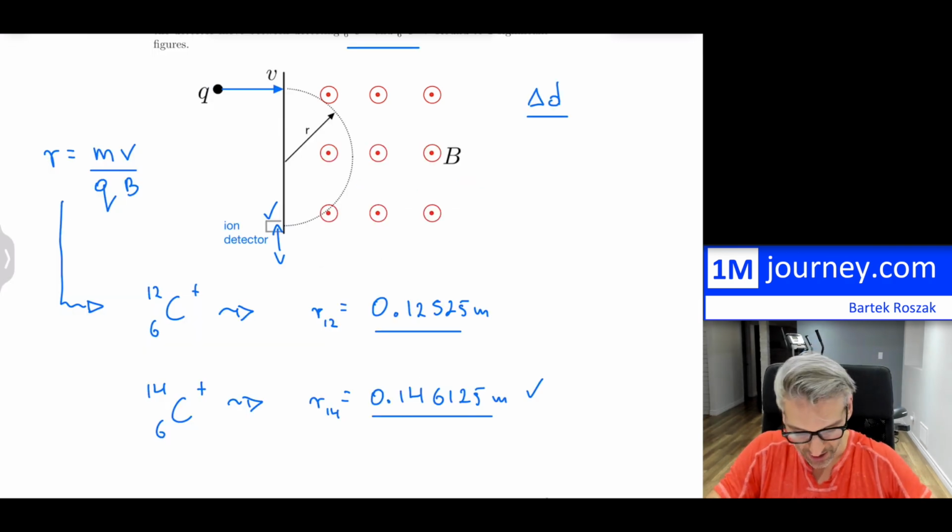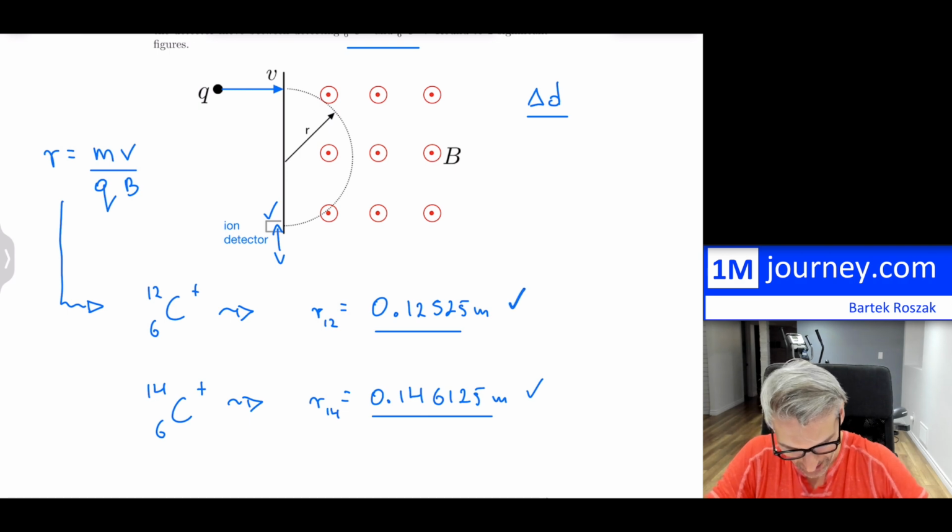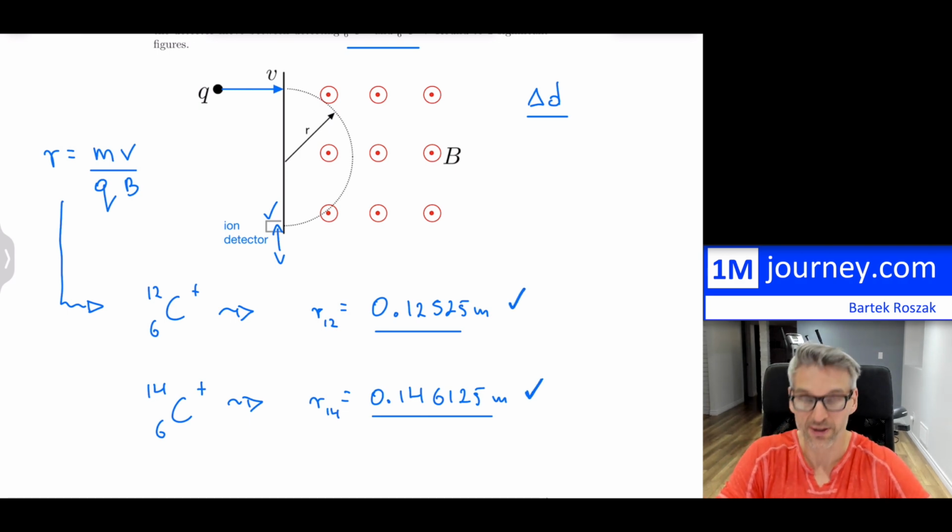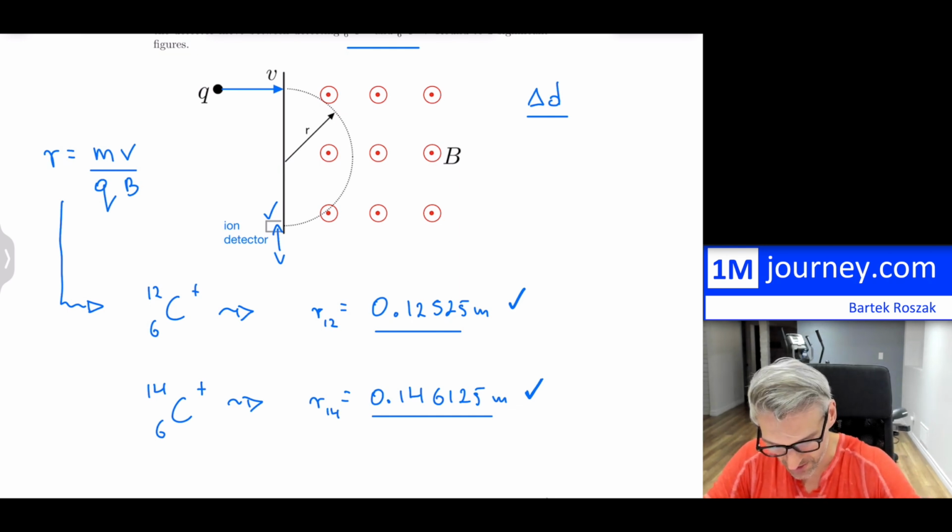Now that we have the radii, we can finalize and decide how far that detector has to move. Don't forget that this is a radius, so it goes from right here to right here. As you're moving along, the distance from here to here is obviously double.